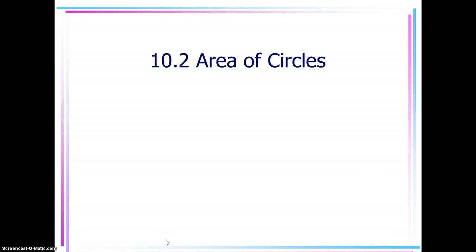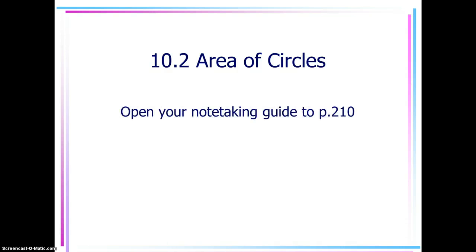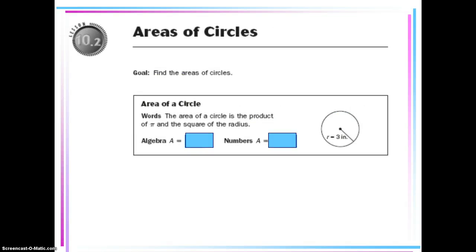Move on to 10.2, area of circles. The area of a circle is pi times r squared. So using this example where r is 3, that's radius, you would have pi times 3 squared.